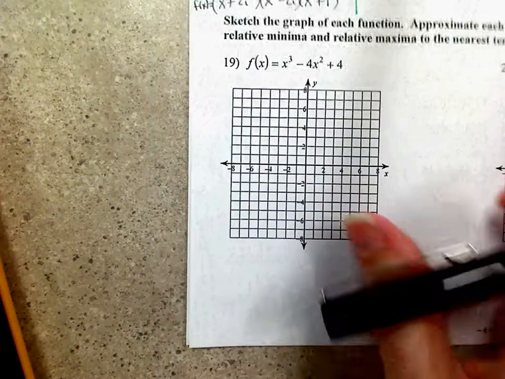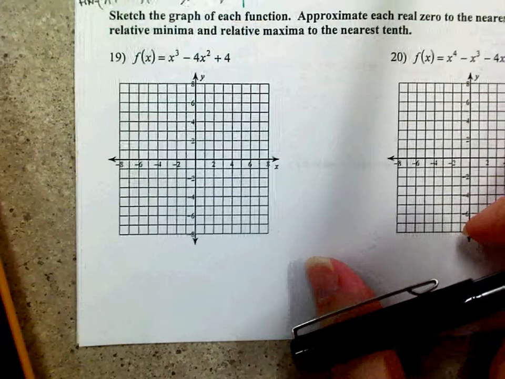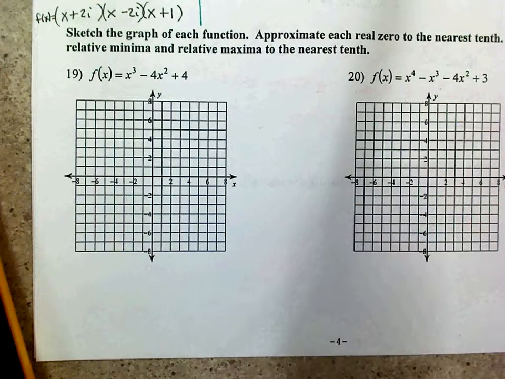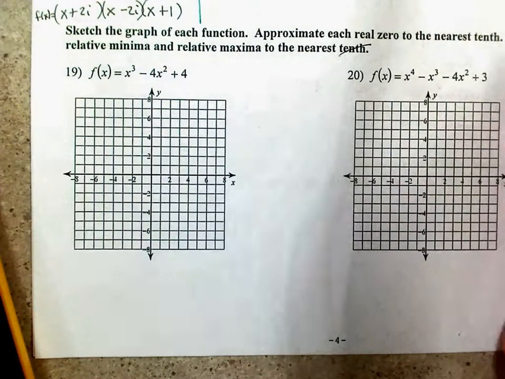Sketch the graph, approximate each real 0 to the nearest tenth, find the relative maximum and minima to the nearest tenth. Okay, I prefer hundredths, so 2 decimal places. Yep, let's graph it.